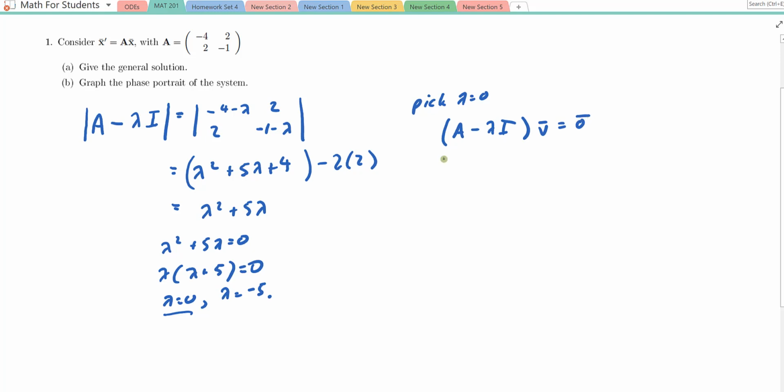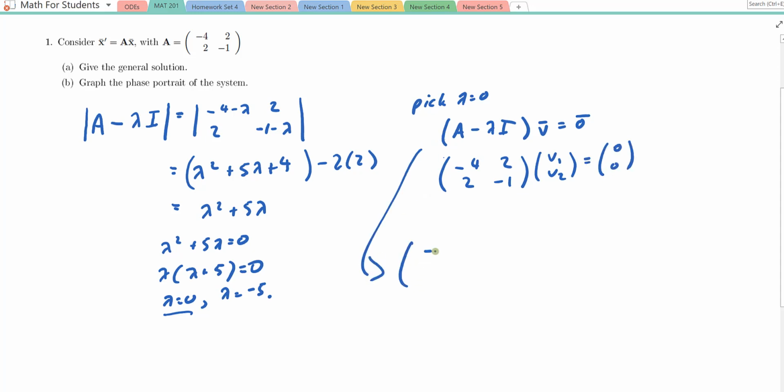And so in this case, we're picking 0, so we would just have the original matrix, negative 4, 2, 2, negative 1, times v1, v2 needs to equal 0, 0. Folks, if you're confused by that, just go back to this matrix here. It would be negative 4, 2, 2, negative 1, and we're subtracting from that 0 times the identity matrix.